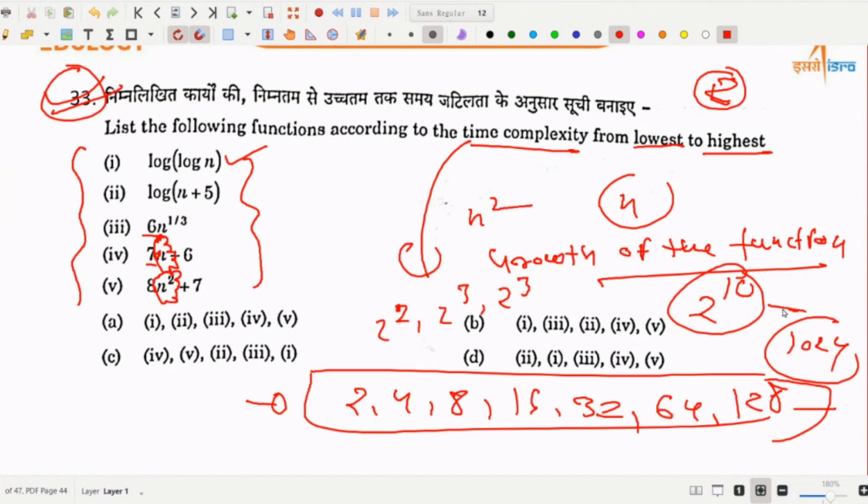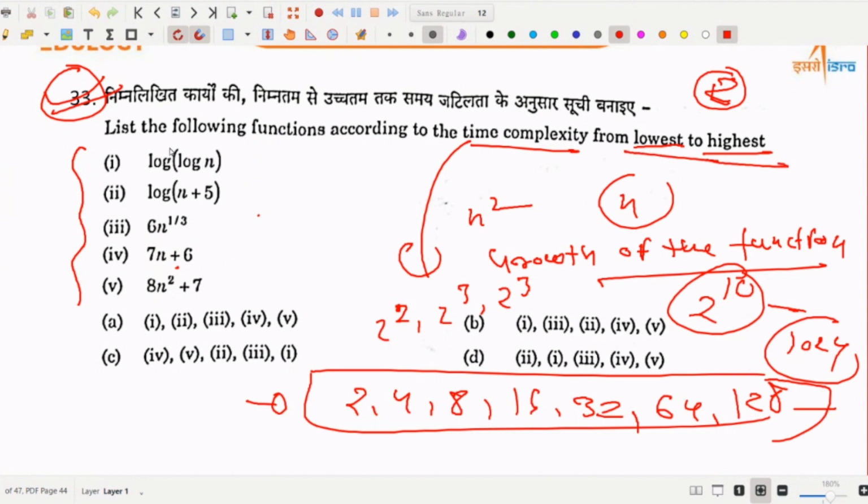So we are interested in the growth of the function. We need to arrange the functions by their growth. If any function grows slowly, it will come first. If any function grows fast, it will come at the end, because they are asking for the sequence from lowest to highest order.